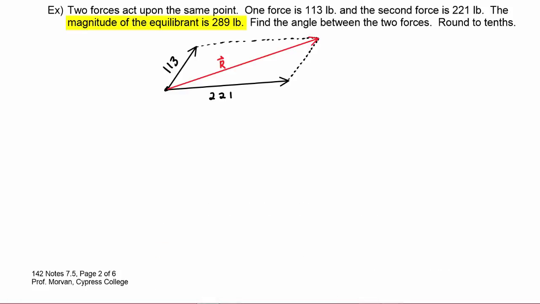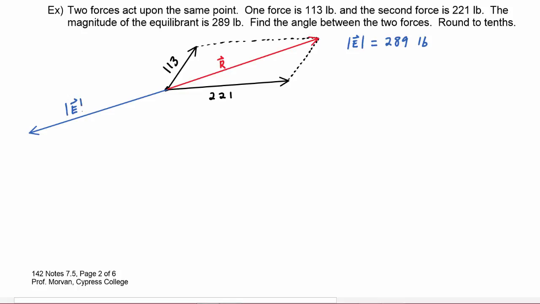Next, we are given the magnitude of the equilibrant, so let's write this down. The magnitude of the equilibrant is 289 pounds. Now, if we add that to our diagram, we know that the equilibrant is the opposite vector of the resultant.